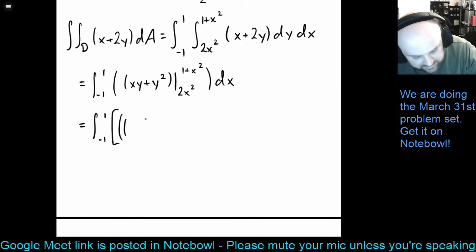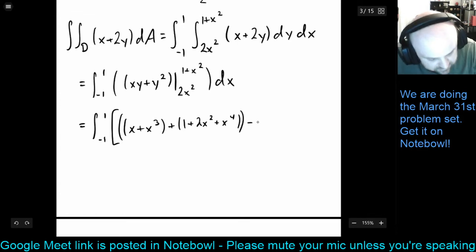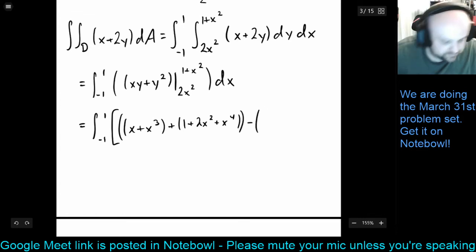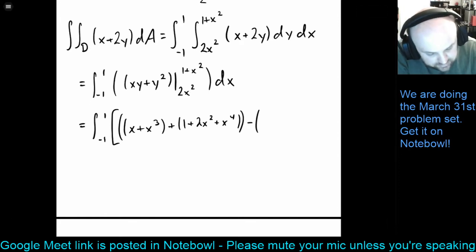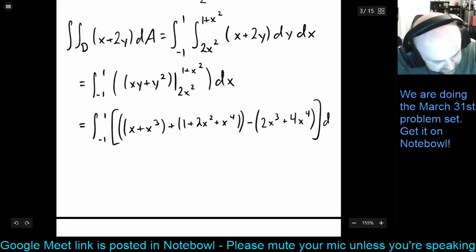Plugging this in here, we get x plus x cubed plus, squaring this, 1 plus 2x squared plus x to the 4th. That's the first part, and then minus. This one's going to be 2x cubed when we plug it in, and here we're going to get plus 4x to the 4th, dx.